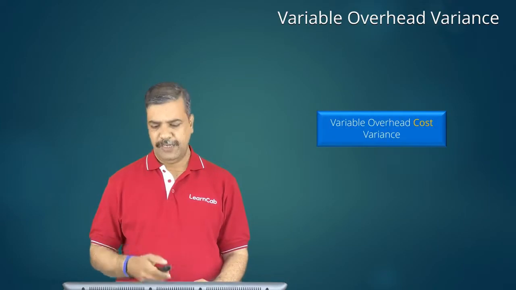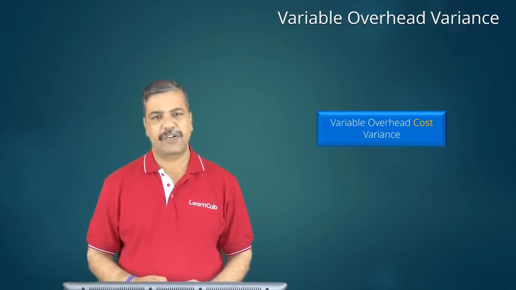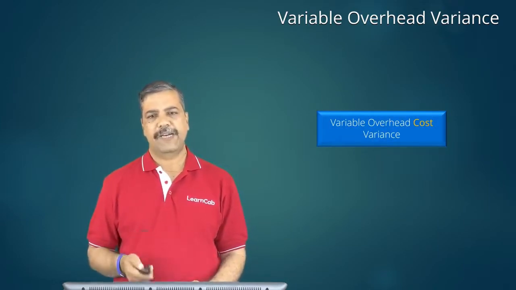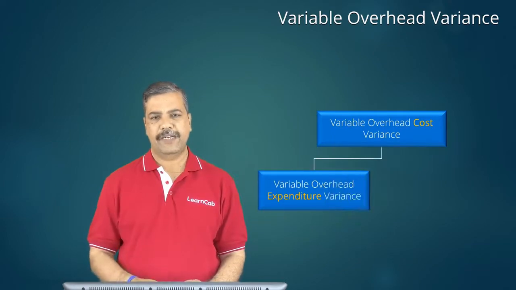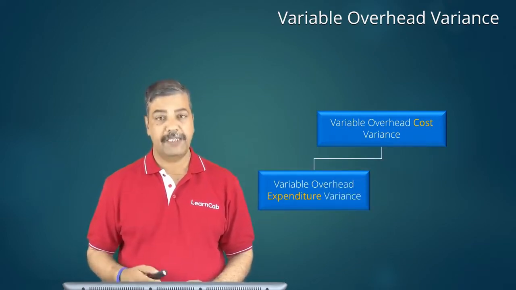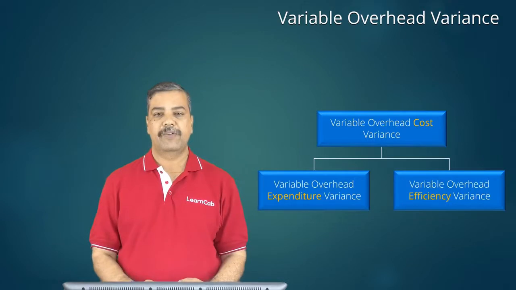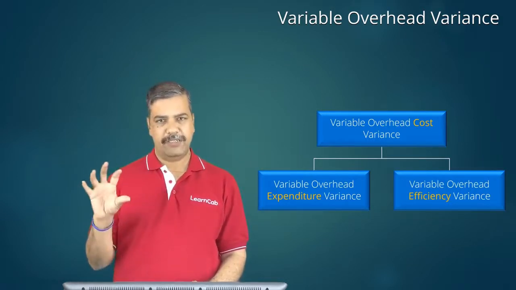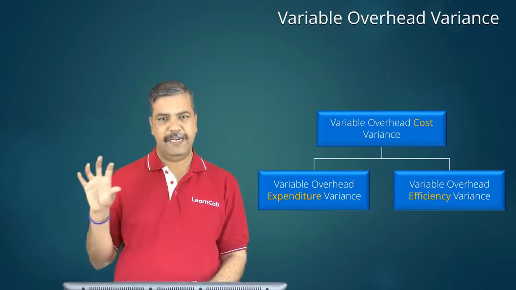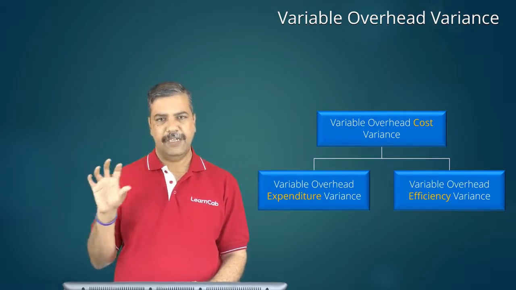So, let us go back to variable overhead variance first and understand what the components under variable overhead variance are. First of all, it is variable overhead cost variance, which needs to be arrived at. Then we need to analyze variable overhead expenditure variance and variable overhead efficiency variance. So, these are the components: cost, expenditure and efficiency.